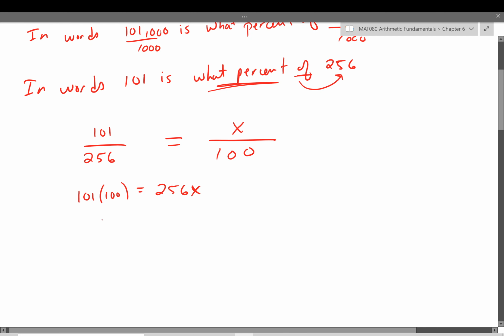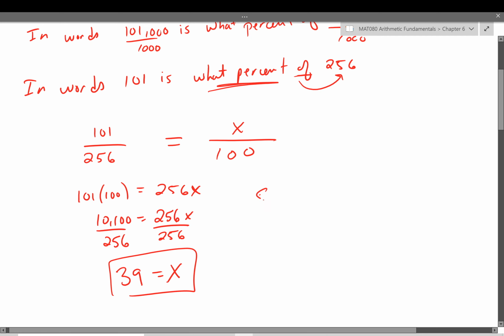That's going to give me 10,100 equals 256x. Divide both sides by 256 to give me x is approximately 39. So 39%. Okay? That's really all that's to it.